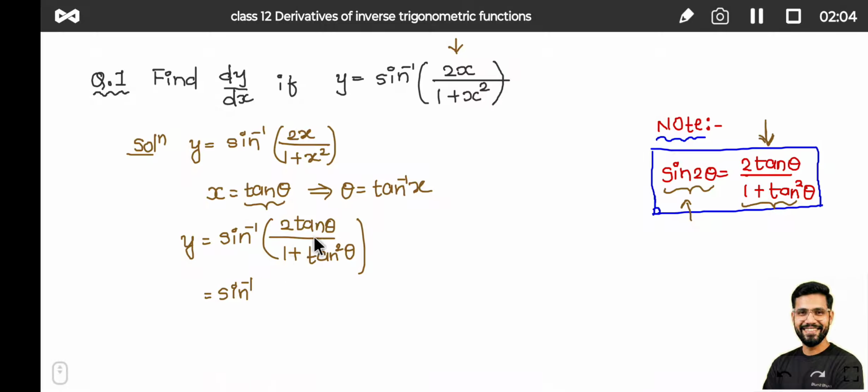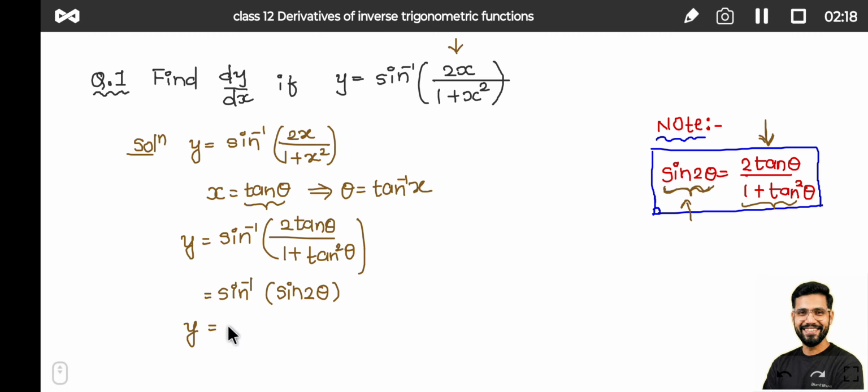In this bracket, 2 tan theta upon 1 plus tan square theta is nothing but sine 2 theta. So inside the bracket we write sine 2 theta. The sine inverse and sine get cancelled, so we get y is equal to 2 theta. Now we have the simplest form, y is equal to 2 theta.